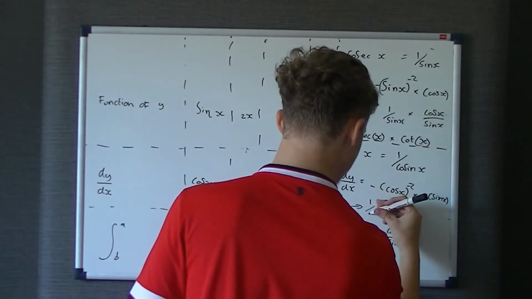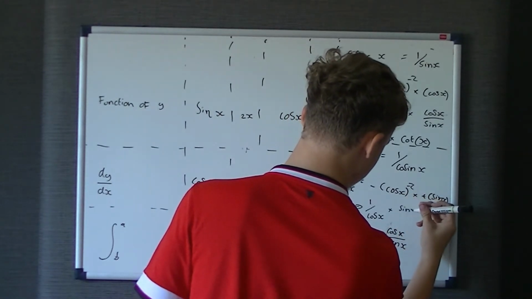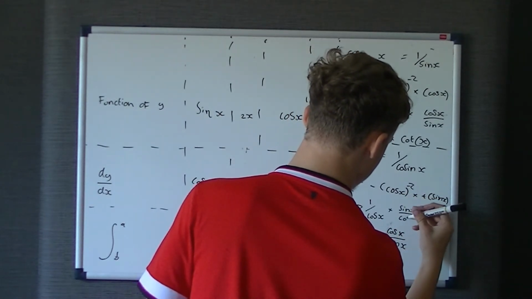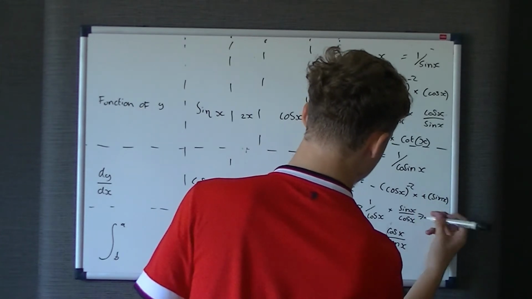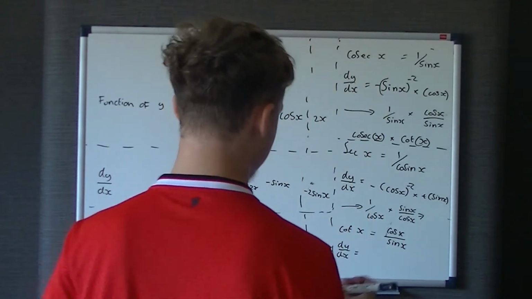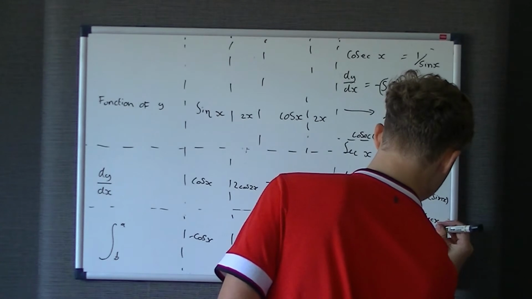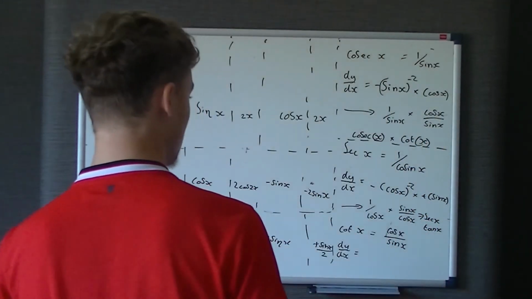So that's 1 over cos x times sine x over cos x, and sine x over cos x is tan x, and 1 over cos x is sec x, so sec x times tan x. That is the differential. Okay?